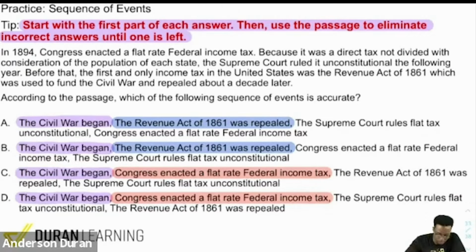Because you see that the passage reads, in 1894, Congress enacted a flat rate federal income tax. Then you see here, Congress enacted the flat rate tax, but then you have something that happens before then. Can the flat rate tax happen before 1861 when it clearly says 1894?